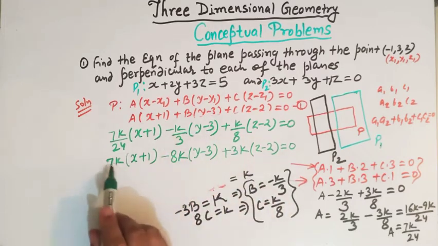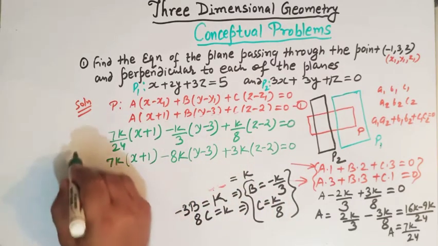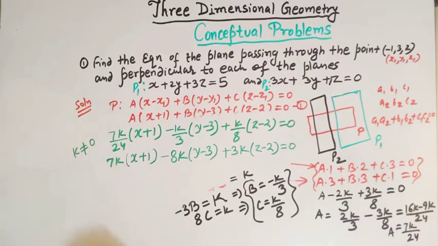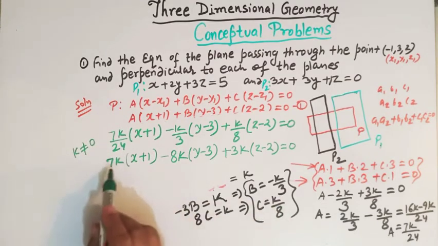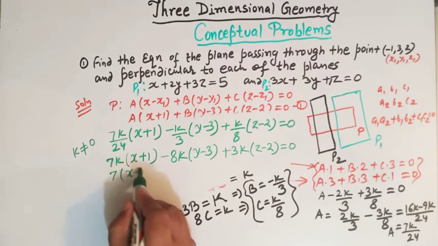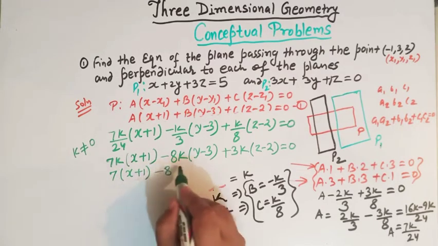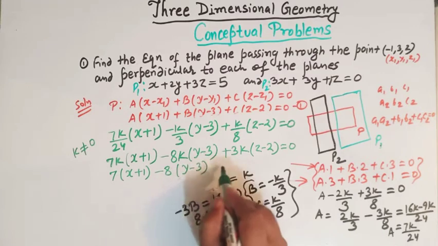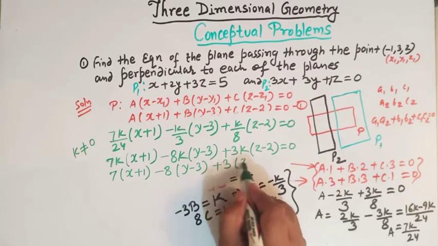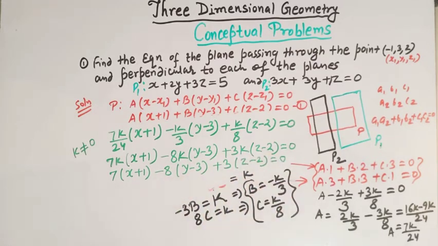Again dividing by k, because k is not equal to 0, we have 7 times x plus 1 minus 8 times y minus 3 plus 3 times z minus 2 is equal to 0.